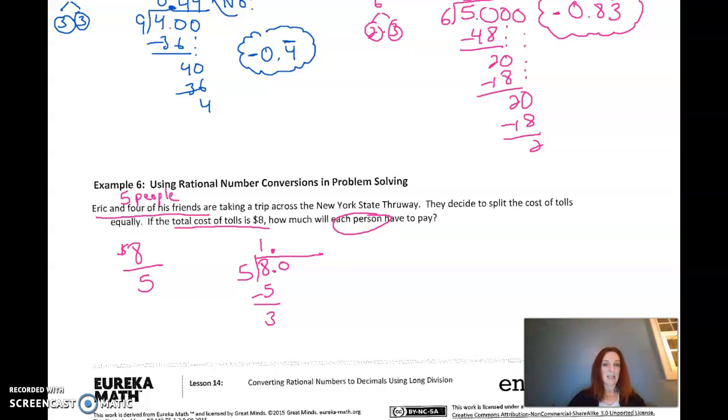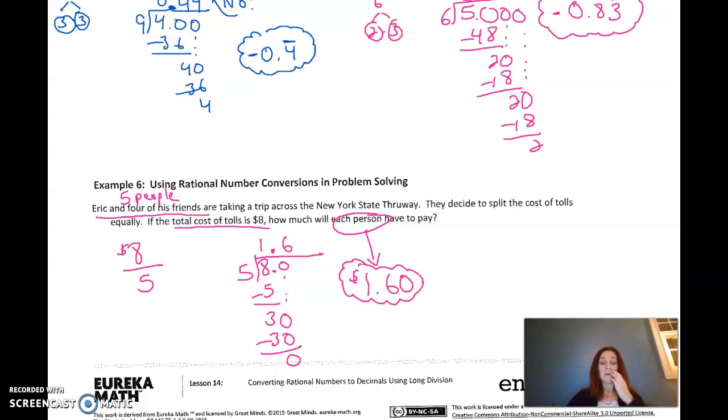No, bring your 0 down. I get distracted when I make a mistake. 5 goes into 30 6 times. 6 times 5 is 30. We get a remainder of 0. Good. But always make sure we're answering the question being asked. How much did each person pay? Each person paid $1.60.